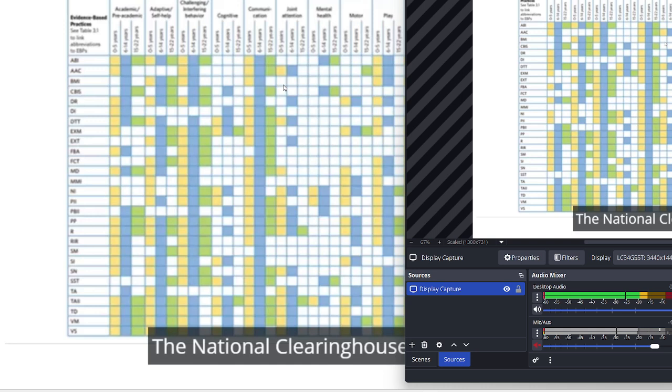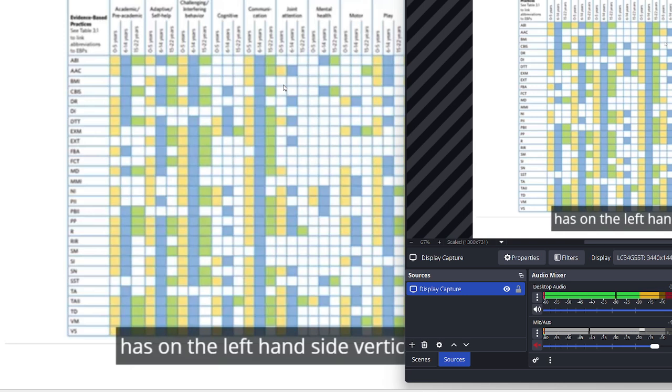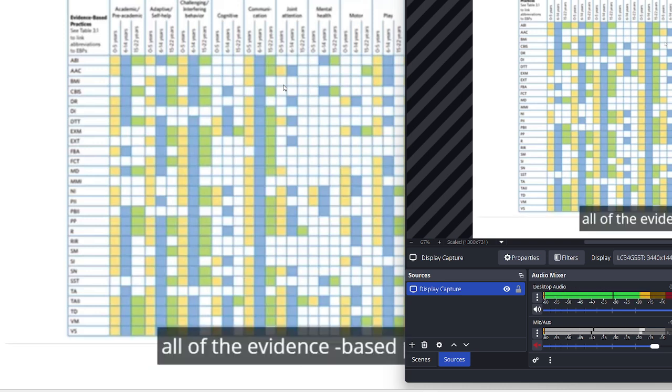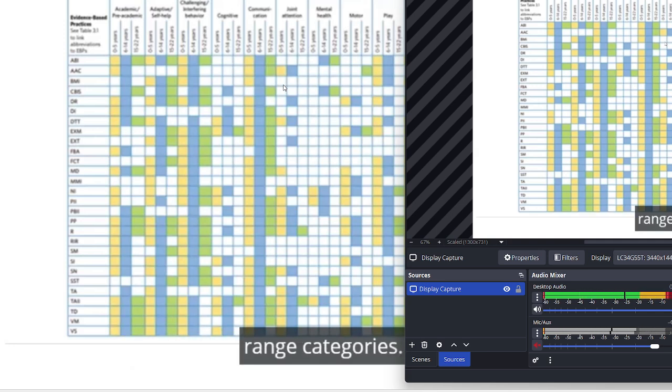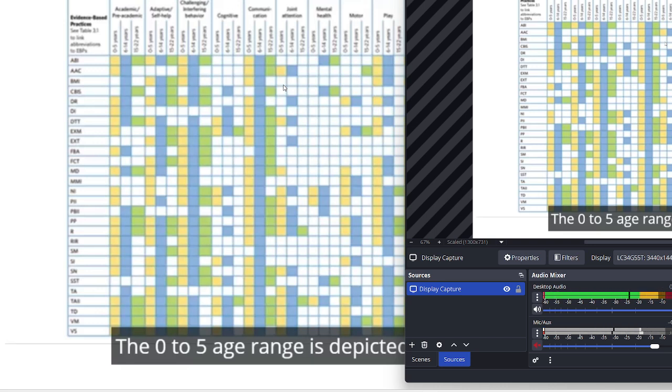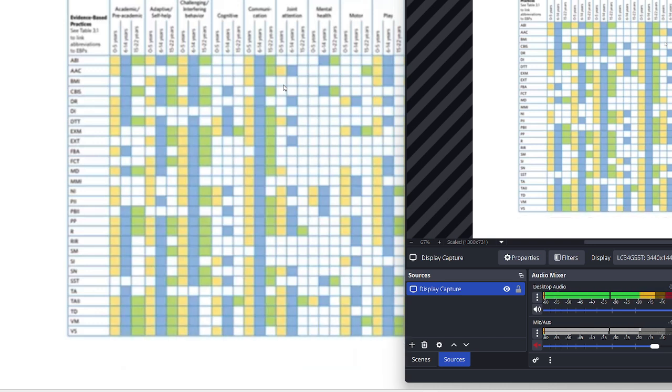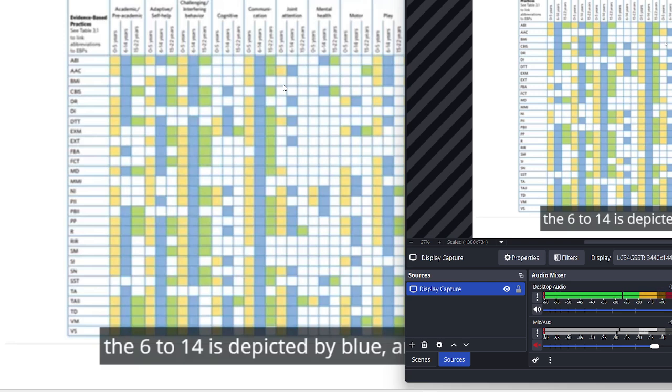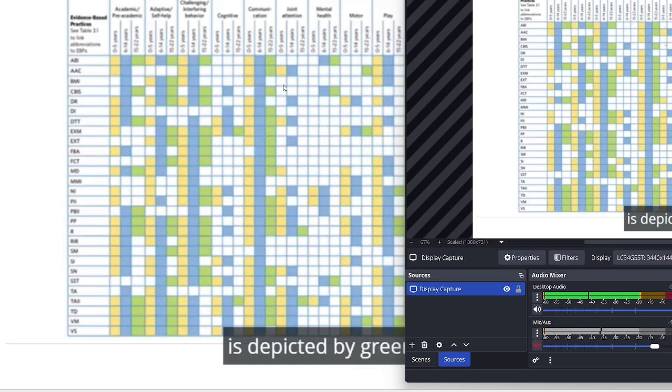The National Clearinghouse offers us guidance through this colored matrix that has on the left-hand side vertically a column with all of the evidence-based practices, and then horizontally across the top, the different skill domains that they can be used to address, which have been broken up into 3 age range categories. The 0 to 5 age range is depicted in the yellow box. The 6 to 14 is depicted by blue, and the 15 to 22 is depicted by green.